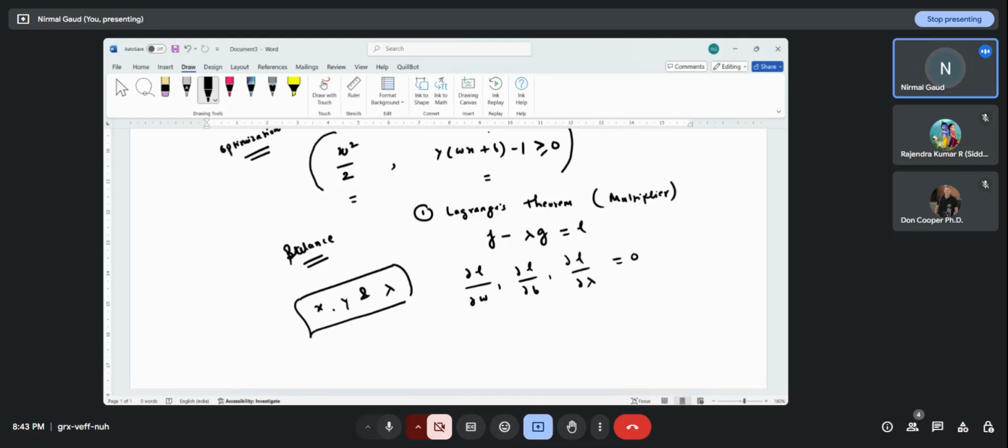So how much change do we expect in an objective function? I need to balance that, I need to control that. So it's just like regularization, to control the impact of constraint over the objective function.